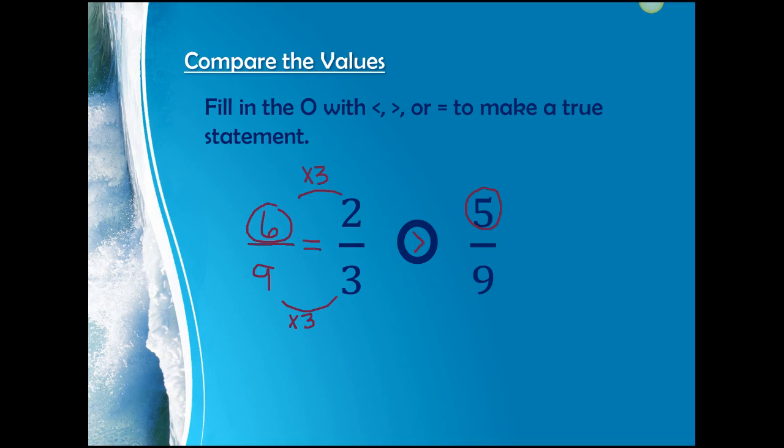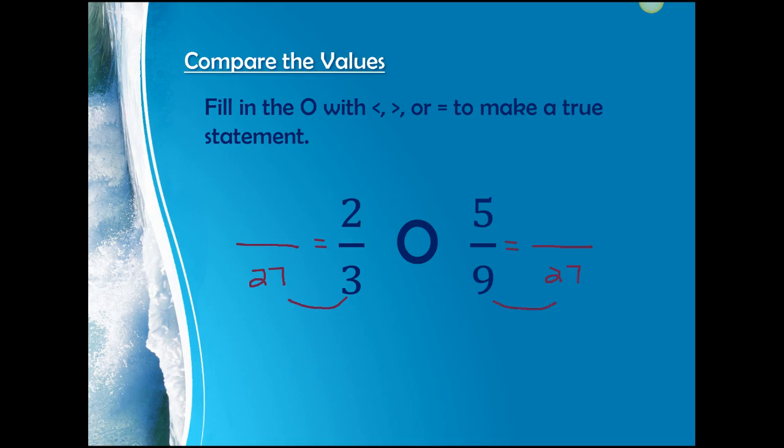When we did the problem the first time, we had the least common denominator, which is the least common multiple of the two denominators. However, if we find just a common denominator, we can still make equivalent fractions. One way to find a common denominator is to multiply the two denominators. 9 times 3 is 27. So let's take a look at what would happen if we use 27 as our common denominator.